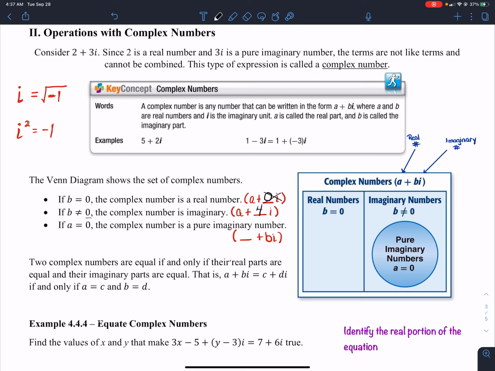That would be a complex number because we have our real number and we have our imaginary number. If a equals 0, it wouldn't be complex because now I no longer have an a value. I only have the imaginary number. Okay.